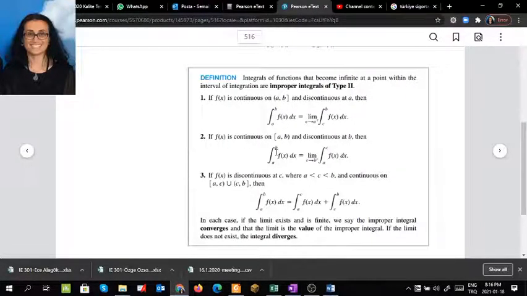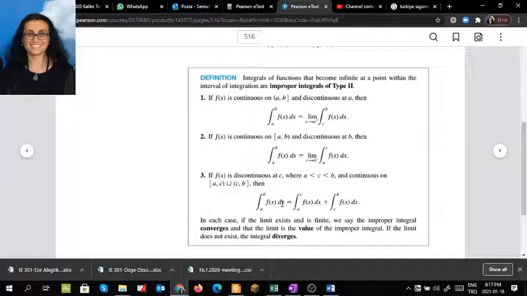Number 2, f is continuous everywhere except at b, the upper limit point. Then we are going to write it in terms of a limit. We let c go to b from the left, calculate this integral first and then take the limit. If the limit is finite, then this is convergent, otherwise it is divergent.